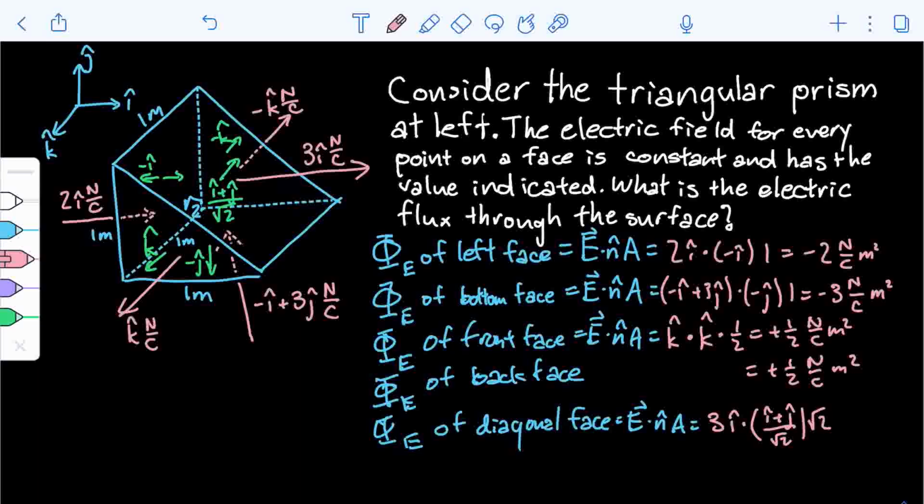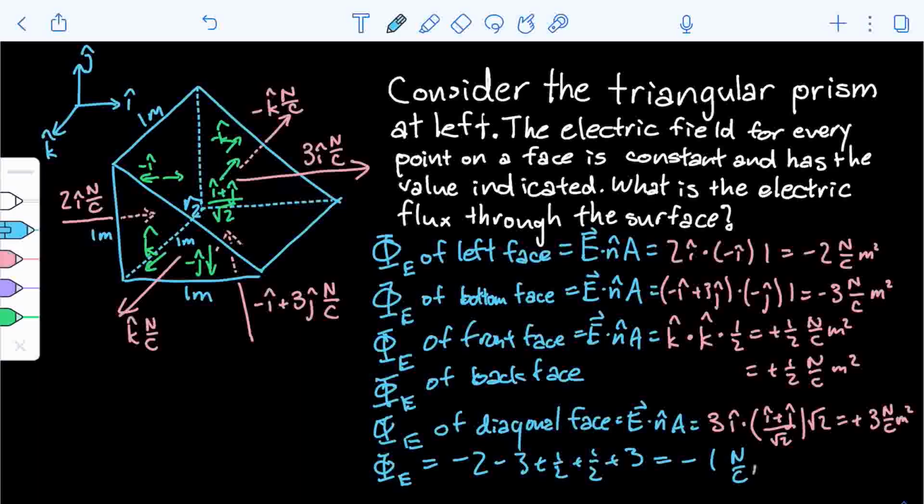We get that this is equal to positive 3 newtons per coulomb meter squared. Putting it all together, the total electric flux is the sum of all of these: minus 2, minus 3, plus 1/2, plus 1/2, plus 3, which is equal to negative 1 newtons per coulomb meter squared. So that's our final answer.